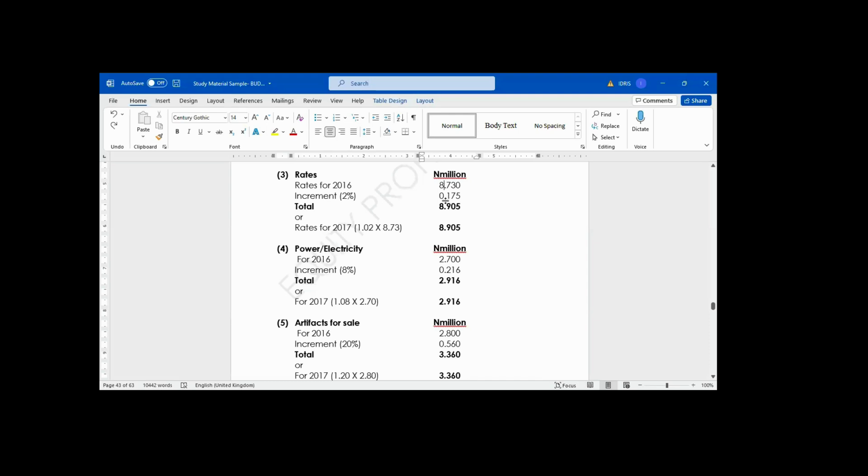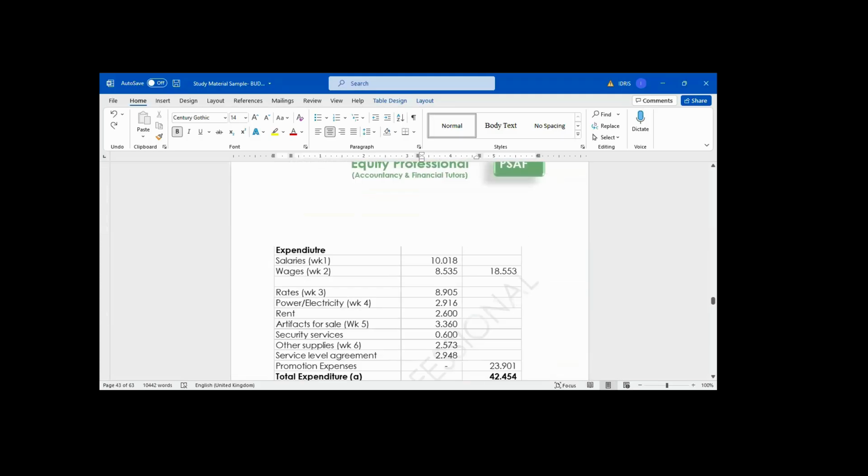When you add it together, it will give you 8.905. Or you can take 102% of 8.73. It will still give you 8.905. That is for rate.